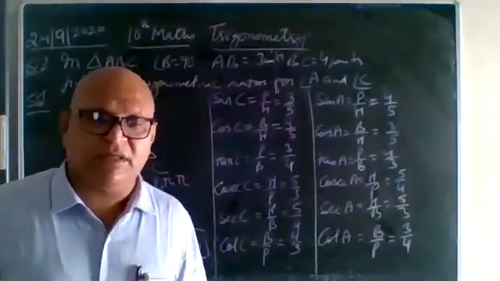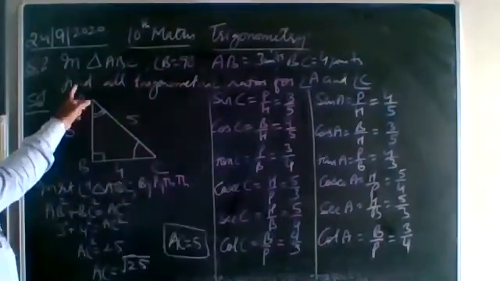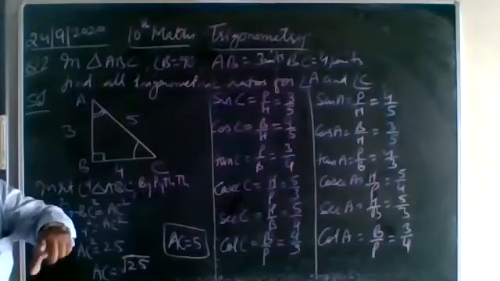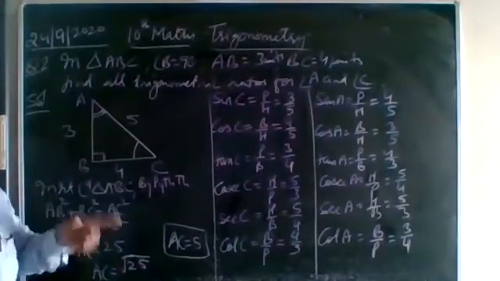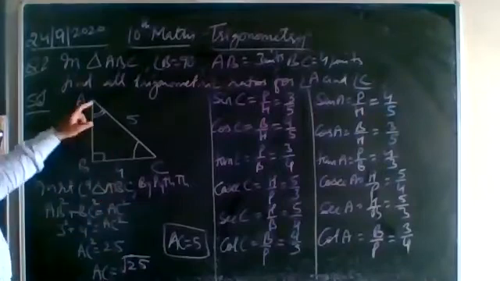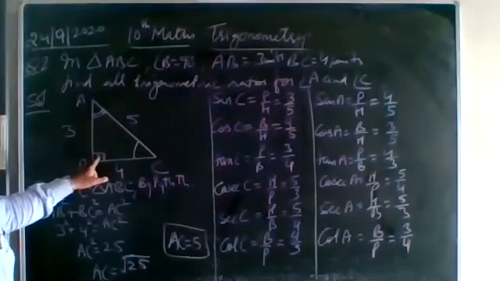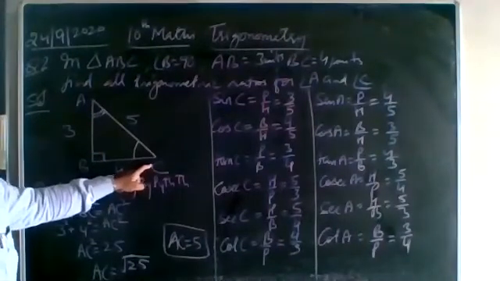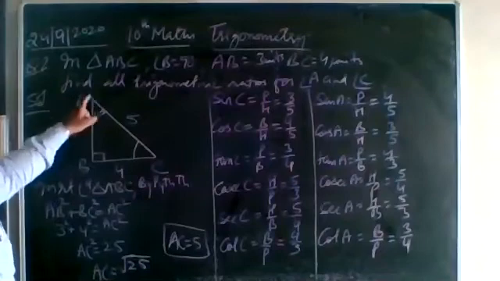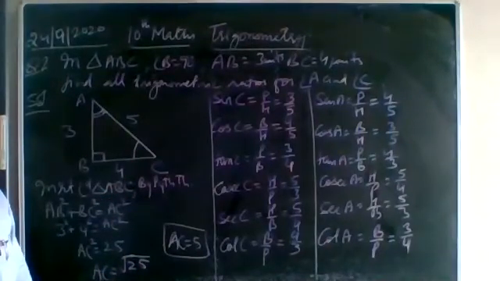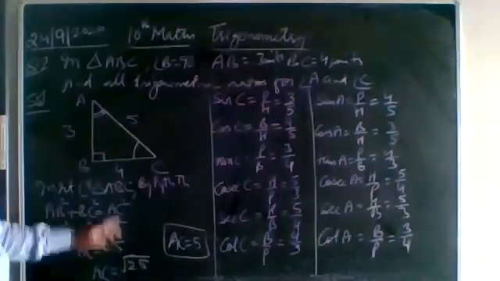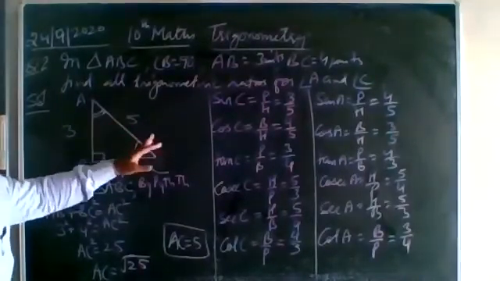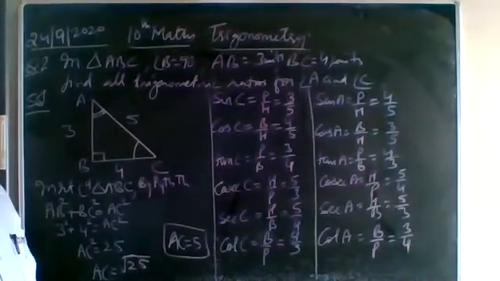If the name of the triangle is given, first fix the 90 degree point. Then A, B, C; it depends on you. But when we are taking A, B, and C, B is fixed, and for A and C the perpendicular and base will change.